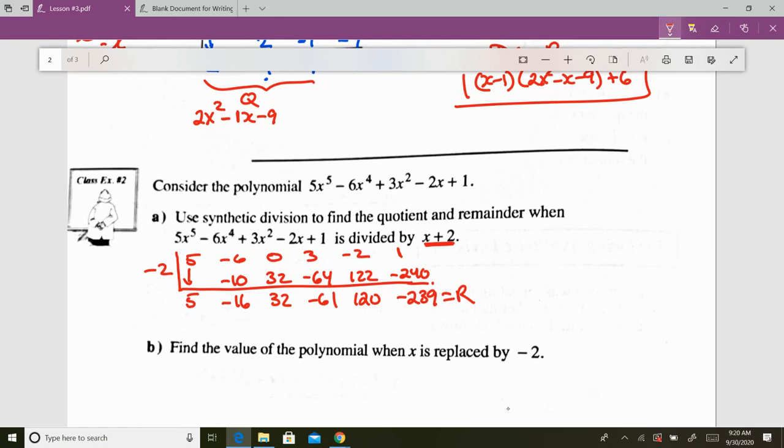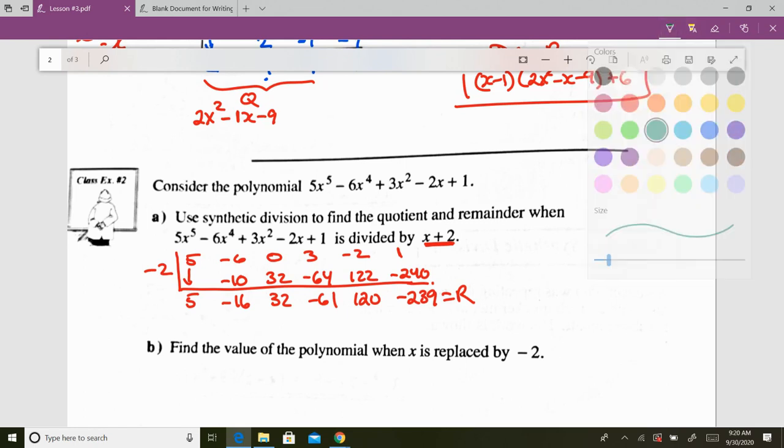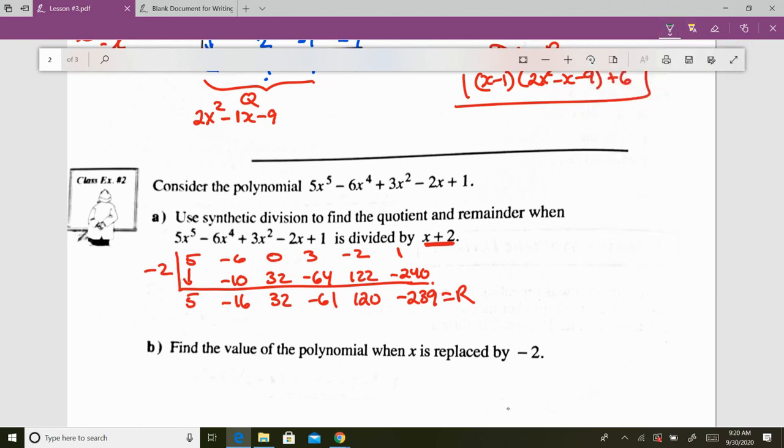Now, let's figure out the quotient. Remember, all these numbers here are the coefficients of the quotient. So we just have to figure out the degrees of each one. So the 5 should be x to the power of what? 4, right? Because we're dividing by a linear.